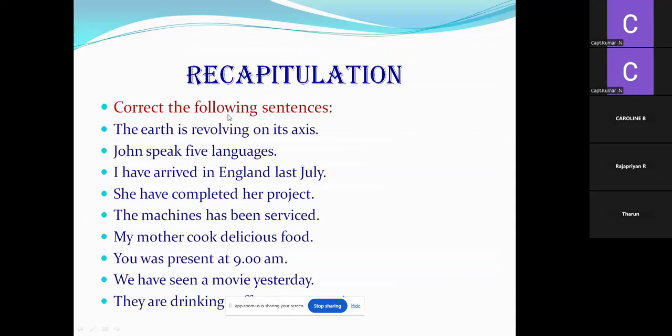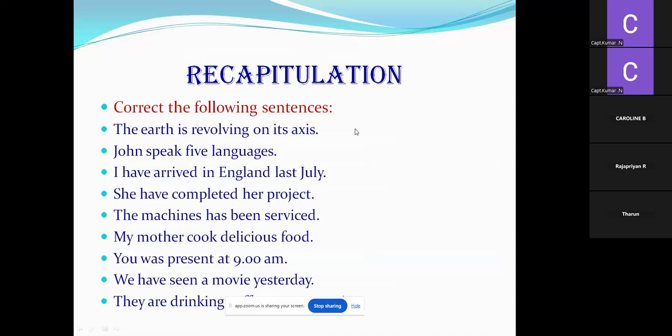Here, I've just given a small exercise. Correct the following sentences. Can you find the error in these sentences?